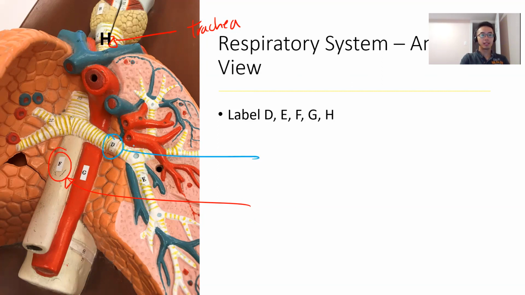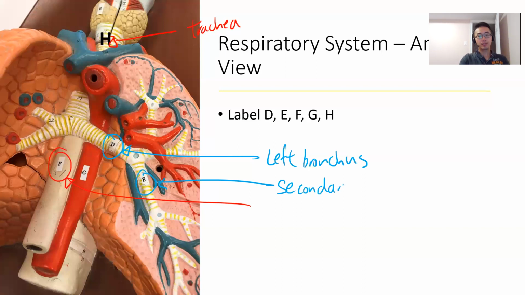Let's do D. D is the left bronchus. E would be the secondary bronchus. Okay, we can say left main bronchus. And what about G?